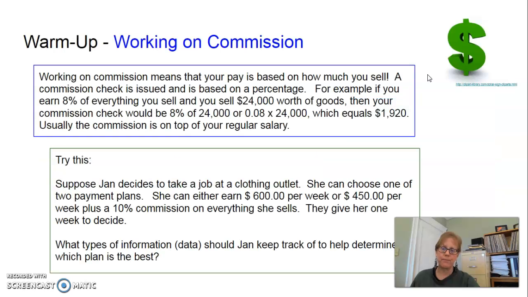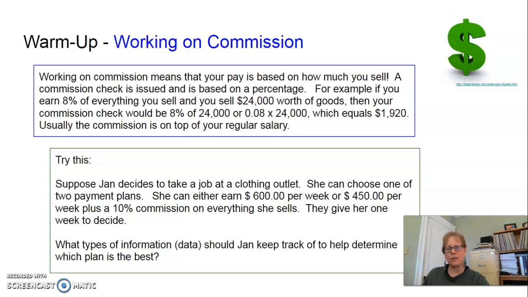All right, so our warm-up is going to tie right into the lesson today. So I'm still going to call it warm-up. It's more like we're doing a warm-up and then going right to the bookwork and ready math today. I'm going to read this, and I'd like you to read along with me because this explains what it means to work on commission. Working on commission means that your pay is based on how much you sell.